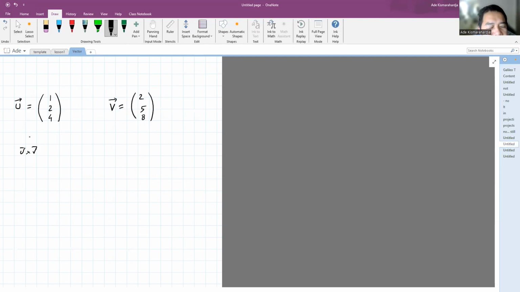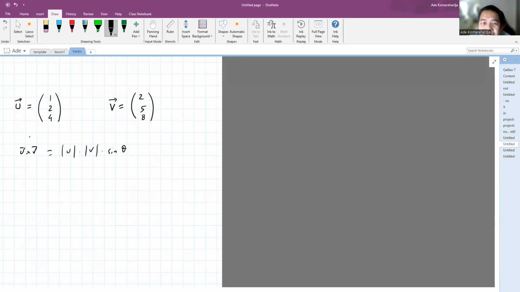Well, of course, you can get its magnitude, because we can get the magnitude of u, the magnitude of v, and then you can also get the angle between them, as we have done before. Then you just put those numbers into the formula that you had before, the magnitude of u times the magnitude of v times sine theta. But remember, again, this is just to calculate the magnitude of u cross v.